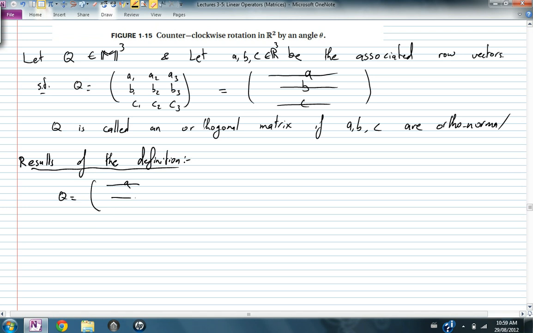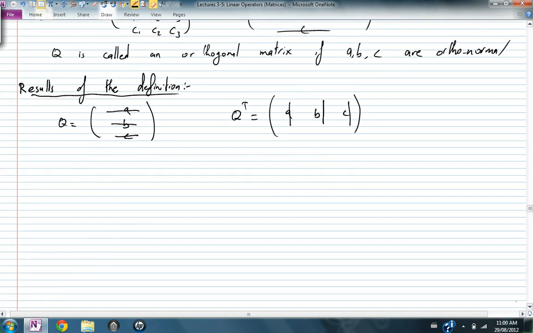made out of A, B, and C, and if I take Q transpose, where I take every row and make it into a column, and then I multiply Q by Q transpose, let's see what happens. For every row, I'm going to take the dot product between the row and the column.